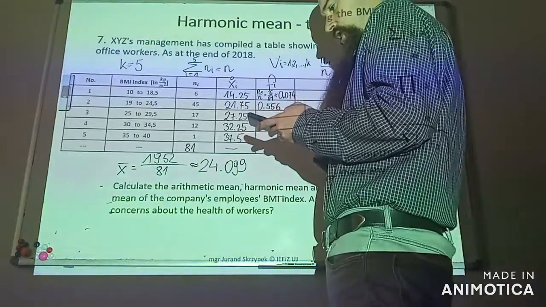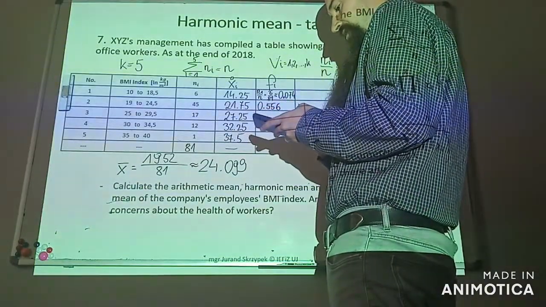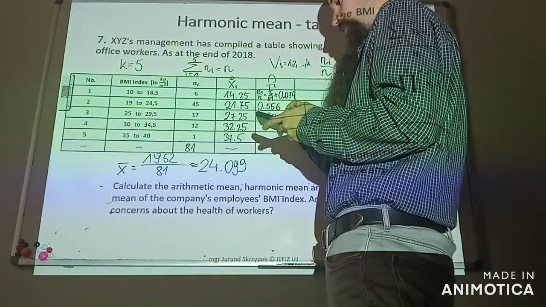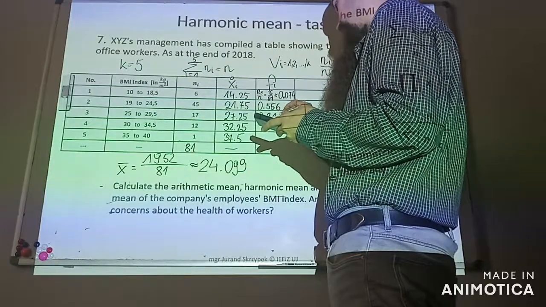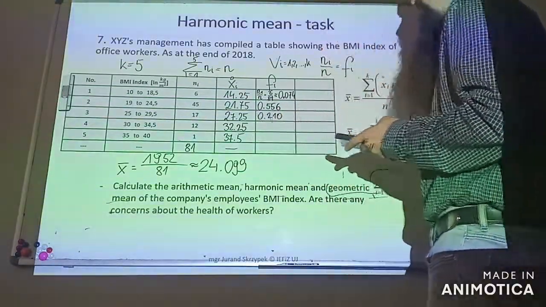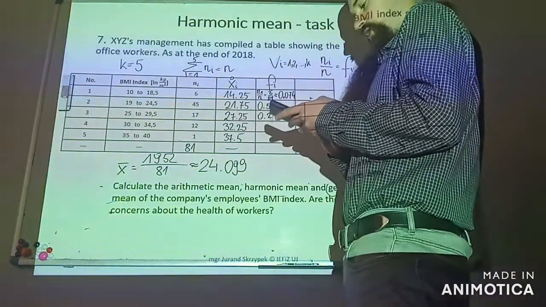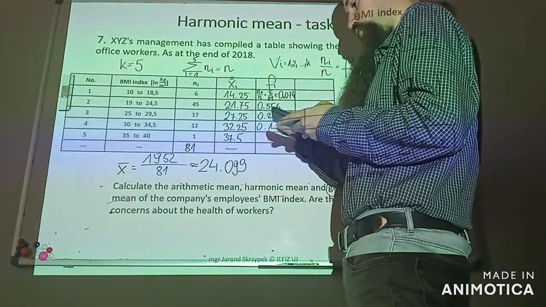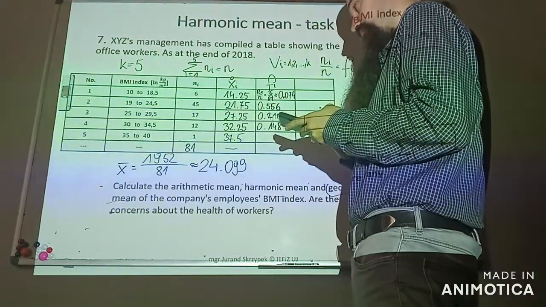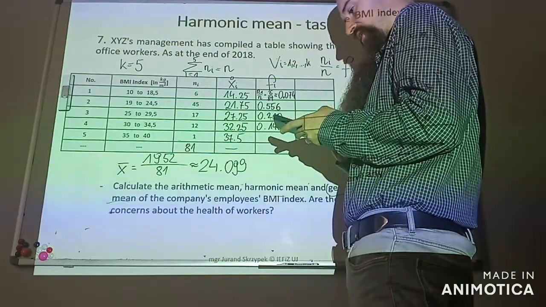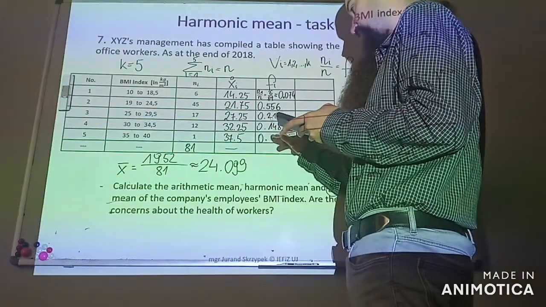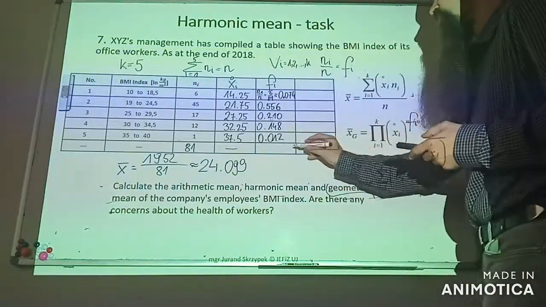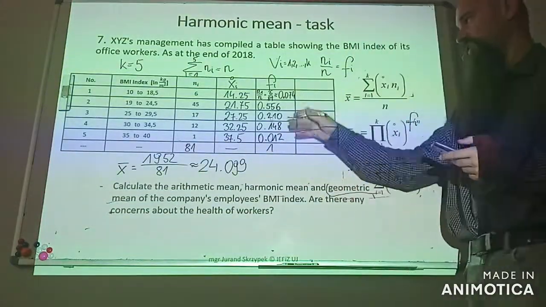In the next row we have 17 divided by 81, 0.210. And here we have 12 divided by 81, 0.148, and 1 divided by 81 is 0.012.